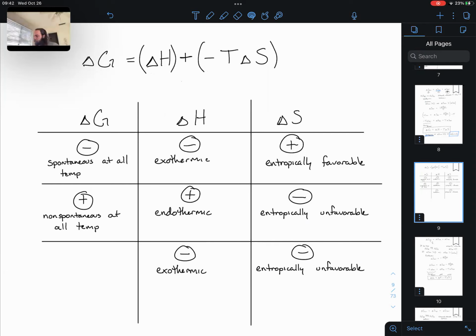Okay, so here, again, my delta H is negative. But now my other term is going to be positive, right? So they're kind of dueling here. I've got my enthalpy saying it should happen, but my entropy saying it shouldn't happen. And so in this case, it's really going to matter what the relative size of these two terms is.